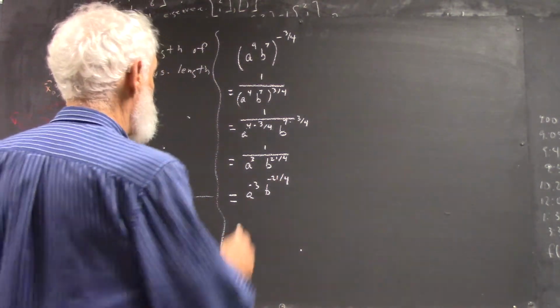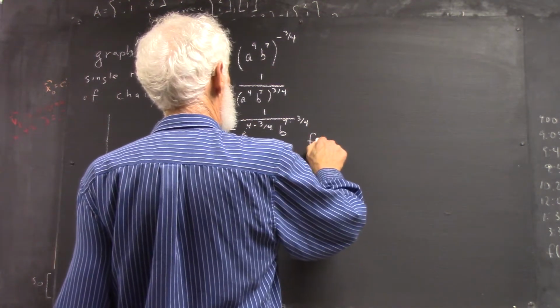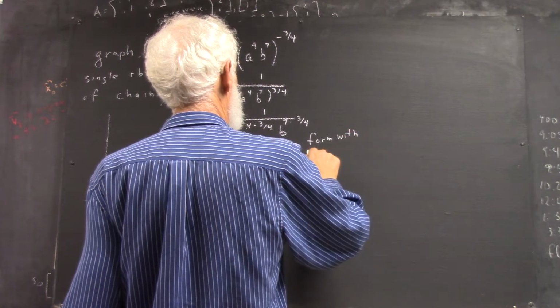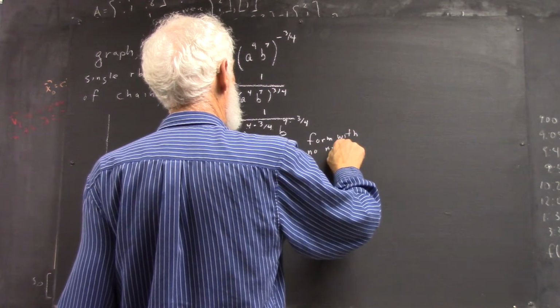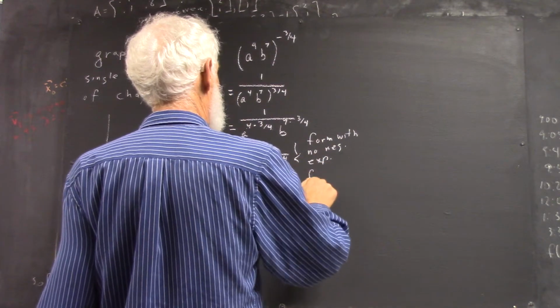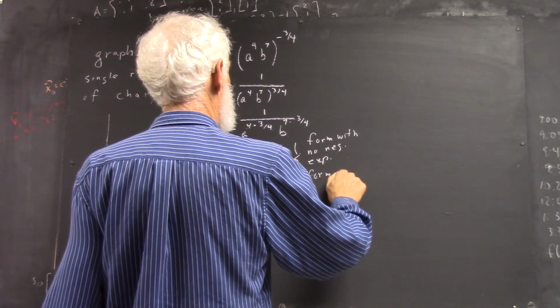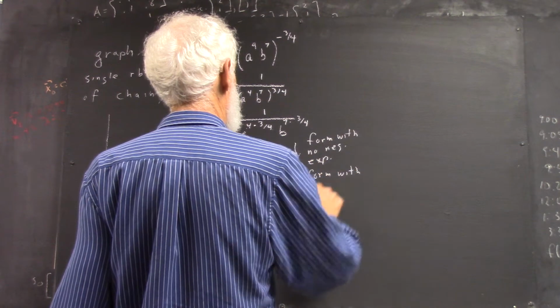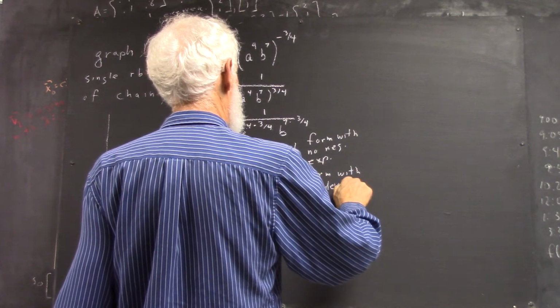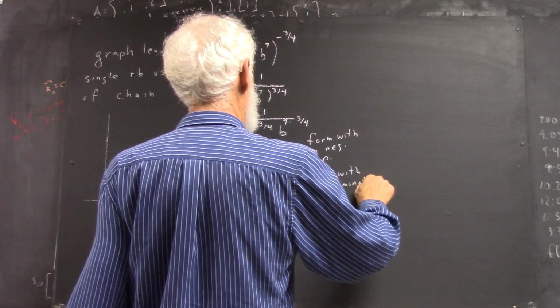So this is the form with no negative exponents, and this is the form with no denominators.